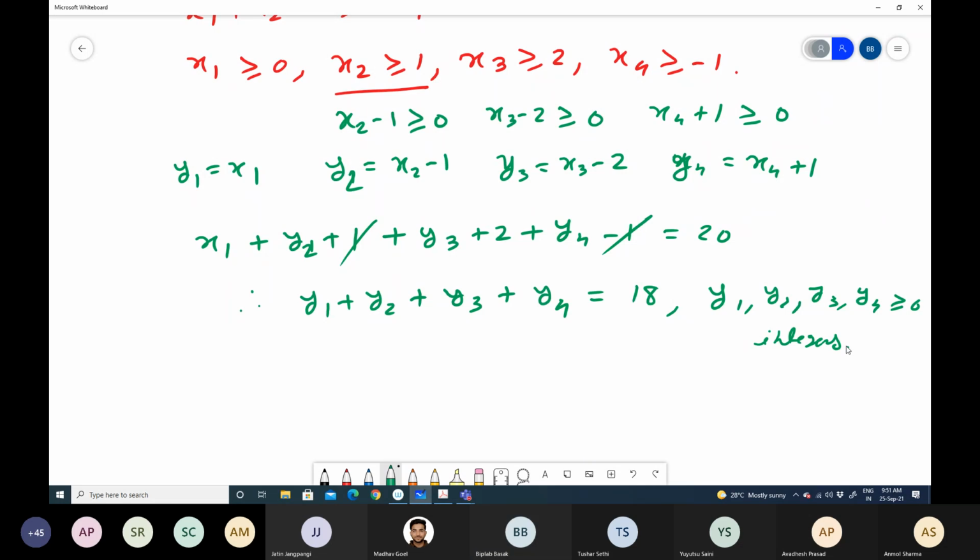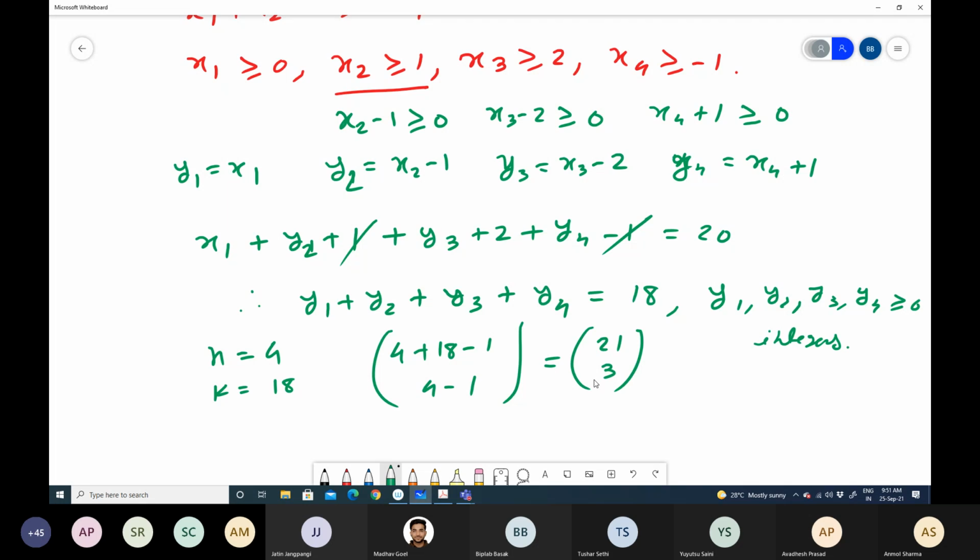Similarly, the number of solutions: here n equal to 4, k equal to 18, so it is (4 plus 18 minus 1) C (4 minus 1), so it is 21C3. So we are done.